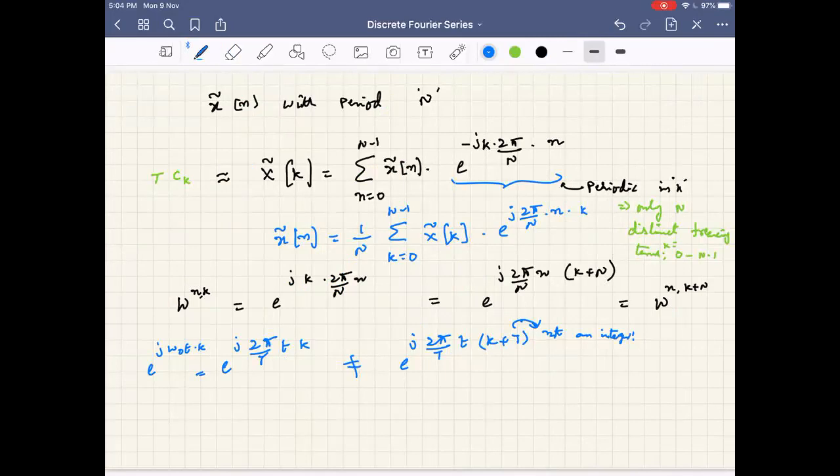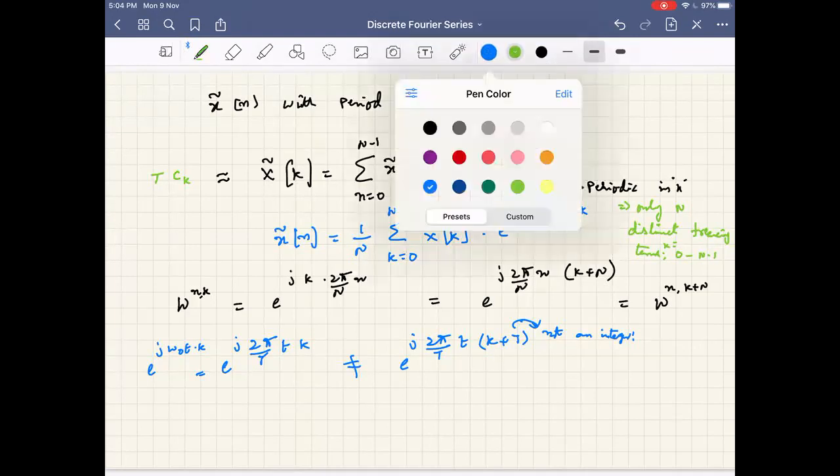This is due to the periodicity of the complex exponentials in frequency domain. So you can see that these exponential bases are periodic with k, and hence you can write like this, right? So this is the definition for the synthesis and analysis equations of the discrete Fourier series.